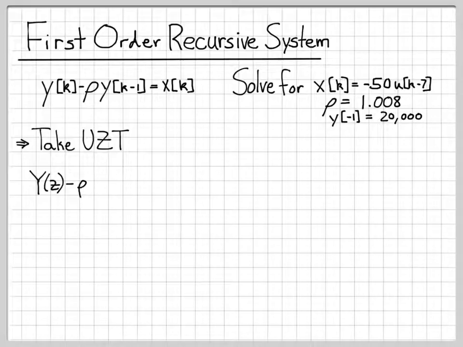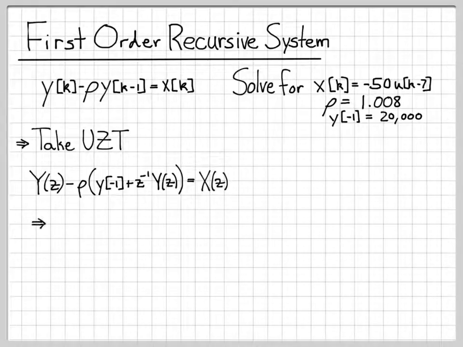If we go back and look at our table, that's easy to do. This is just equal to y of minus 1 in the time domain plus z inverse times Y of z. So we're just substituting in that property of the unilateral z transform time shift theorem, and then all of this is equal to X of z, because x of k in the time domain is equal to X of z in the z domain.